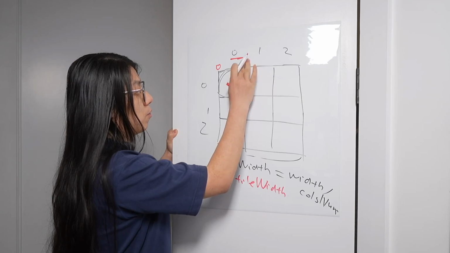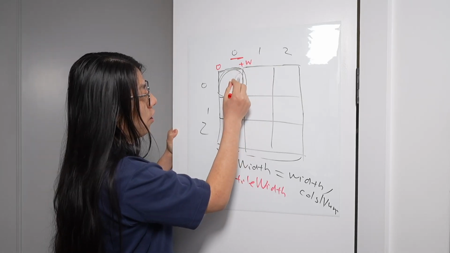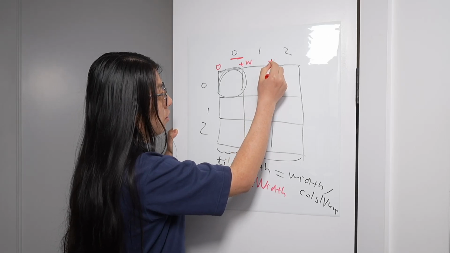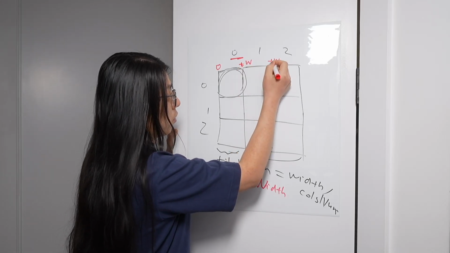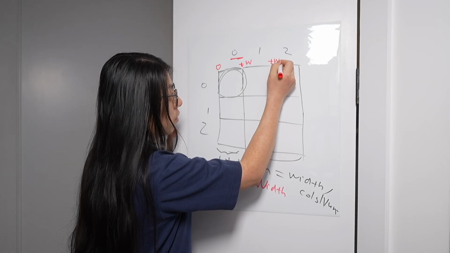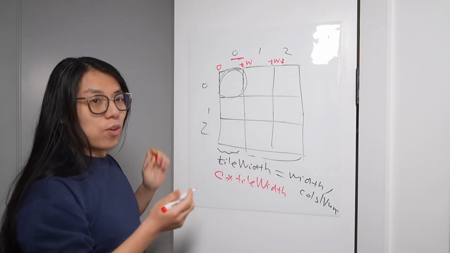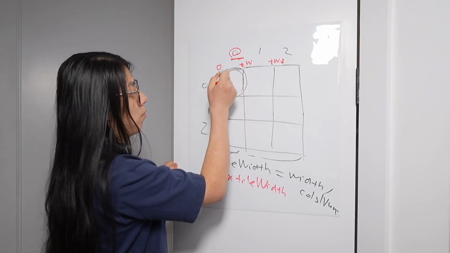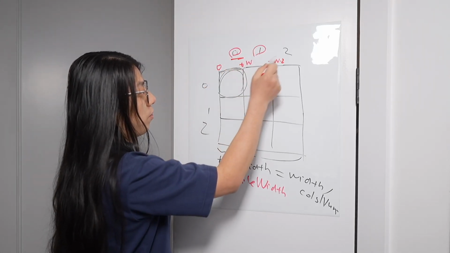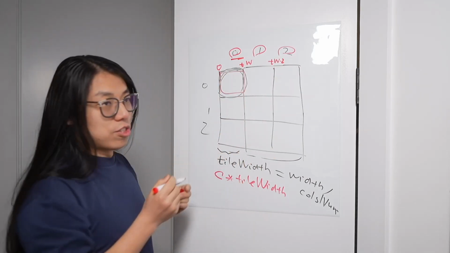I'll use tw for tile width, and this is essentially 2 tile widths, and then 3 tile widths, and so on. We are using this number times tile width, 1 times tile width, 2 times tile width, in order to get the top left corner of each rectangle.